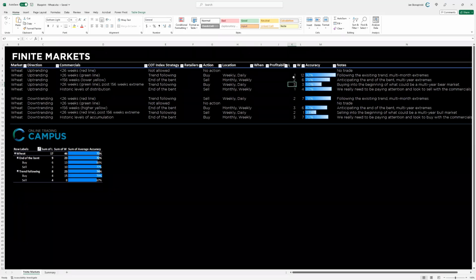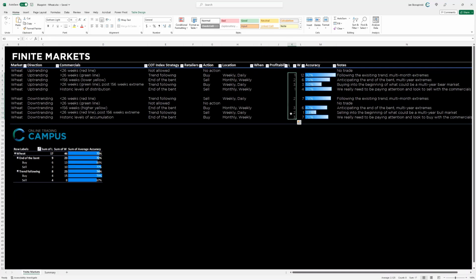So to cater for that, I just added basically 1, 2, 3, 4, 5, 6, 7, 8 additional losers to this sheet. And I wanted to mention this because if you do this on your own, depending on where the starting point is for wheat, you may get slightly different numbers here in terms of the winners and the losers, depending on what your eye sees in terms of, hey, that was a winner or that was a loser, in terms of what you would have expected from the move.